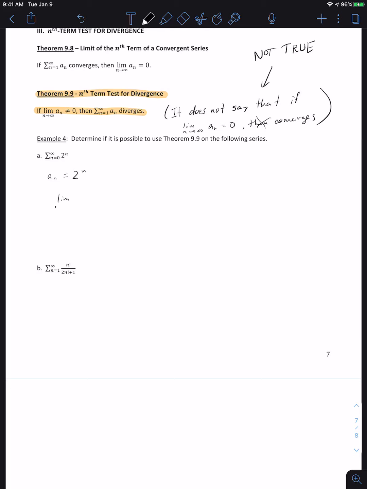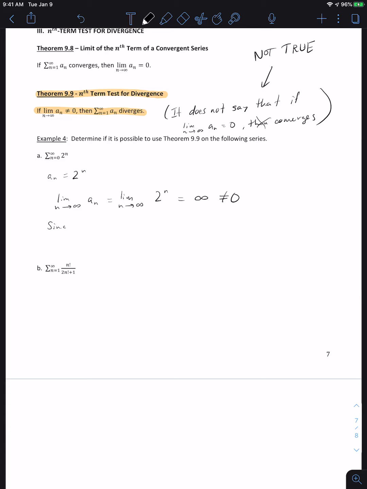So the limit as n goes to infinity of a sub n is equal to the limit as n goes to infinity of 2 to the n, and that equals infinity. Right? If I plug in a big number for n, it just gets bigger and bigger. Infinity is not 0, right? So this is taking into account that first part of the theorem.